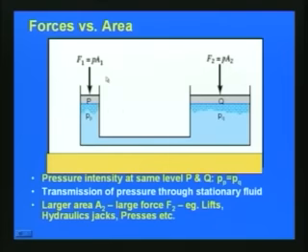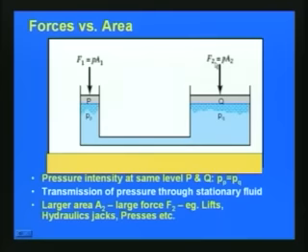You can see that the area of cross section A1 is smaller here and the area of cross section A2 is larger here. So the total force F1 will be equal to P into A1 on this face, and here F2 is equal to P into A2. Since the pressure intensity is the same, we can transmit a large quantity of force.